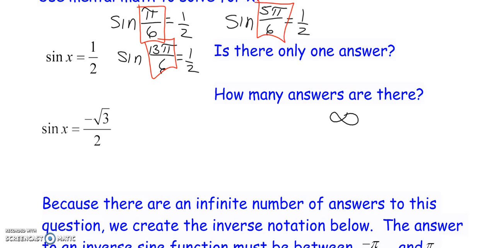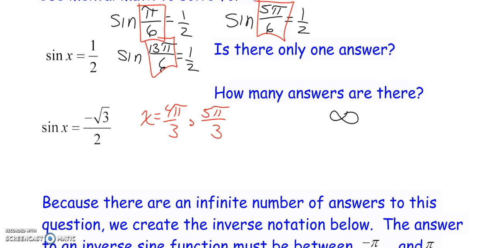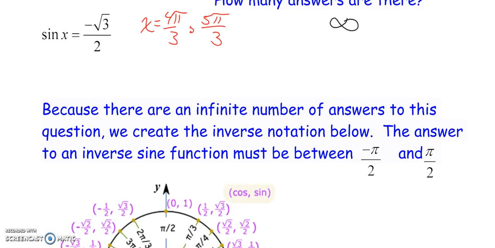Possible x values here are 4 pi over 3 and another answer would be 5 pi over 3. You can double check both of those, they're right off your unit circle. If I took the sine of 4 pi over 3 or 5 pi over 3, I'm going to get negative radical 3 over 2.